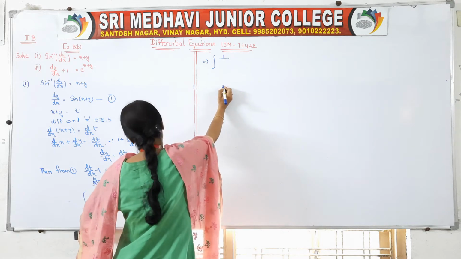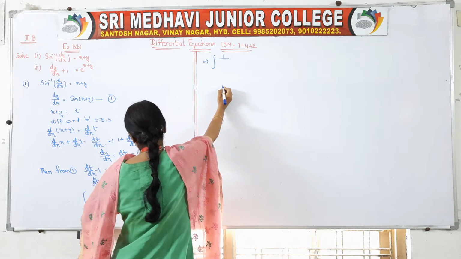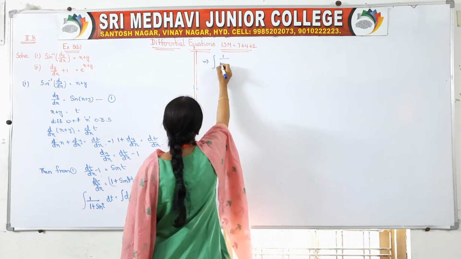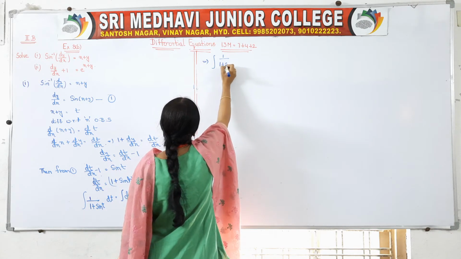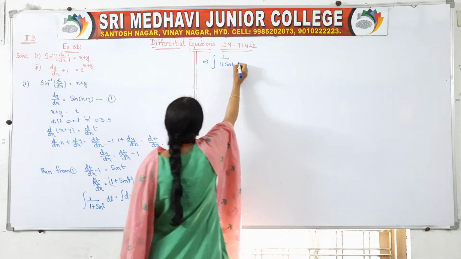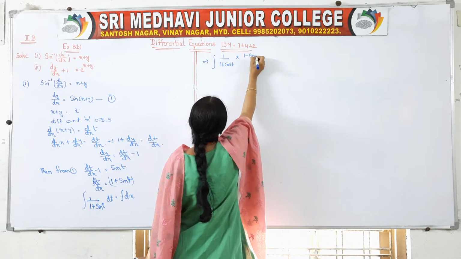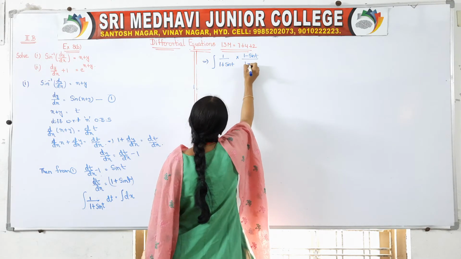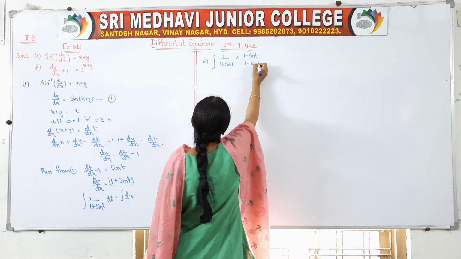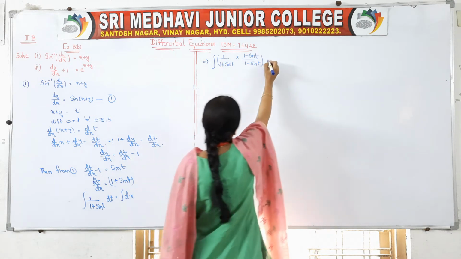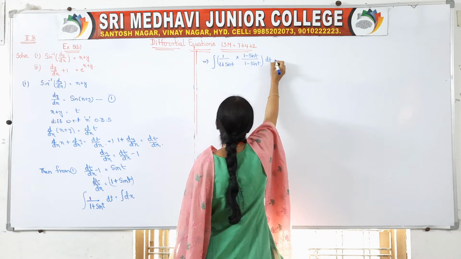Integral 1 by 1 plus sin x, there we got it. Here instead of x we got t. So 1 plus sin t, right? So multiplying and dividing with 1 minus sin t by 1 minus sin t. I think in integrals as well as in definite integrals we used this form.